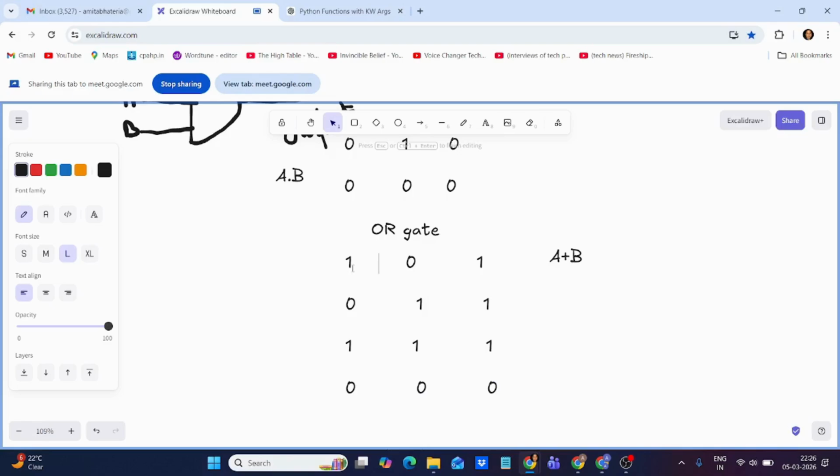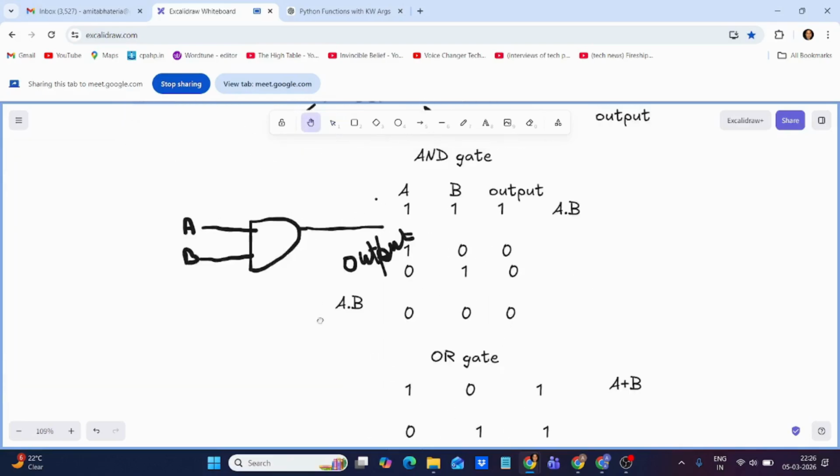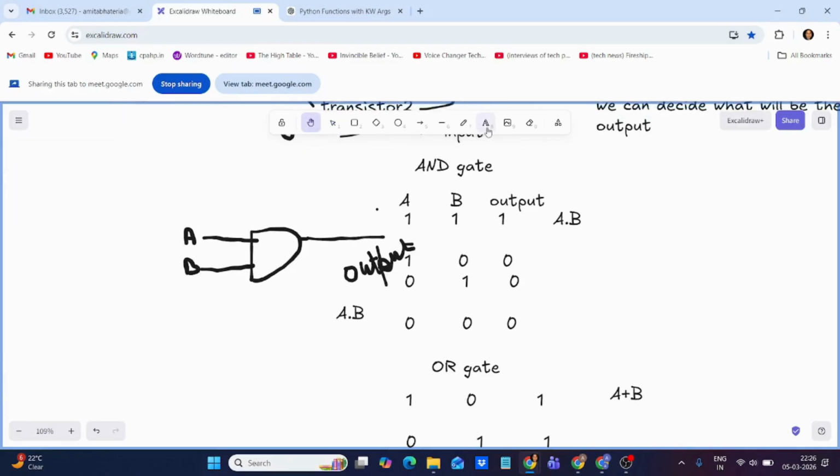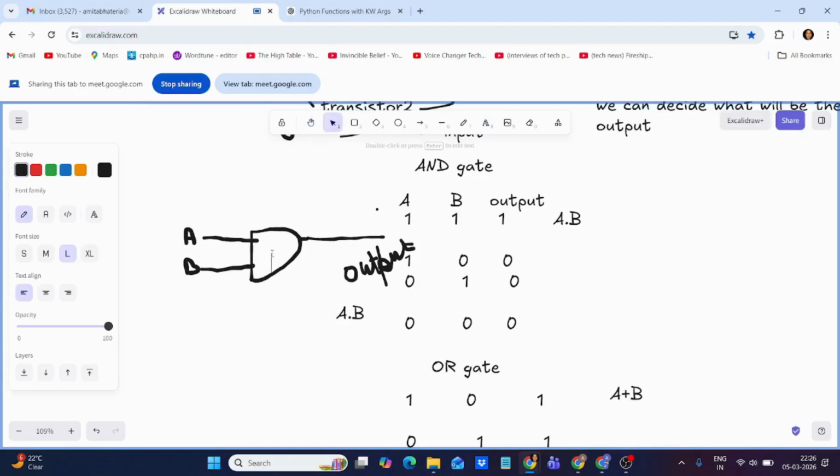See, these things you have to do in this assignment also. I will be giving you these assignments, right? The assignment which you have to do, you will have to show me. First you have to draw the diagram, then you have to show me the boolean table, the whole thing. Write everything: if input A is 1, input B is 1, output will be 1. If input A is 1, input B is 0, output will be 0.